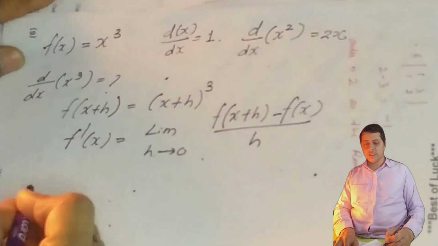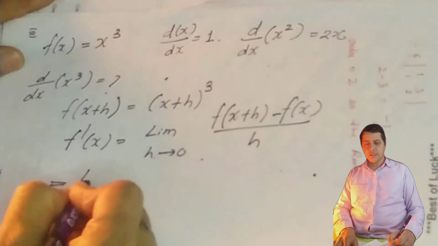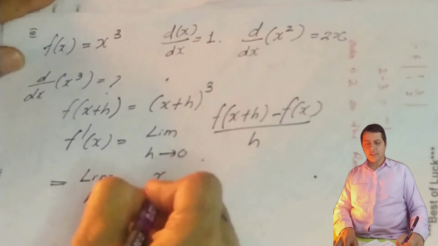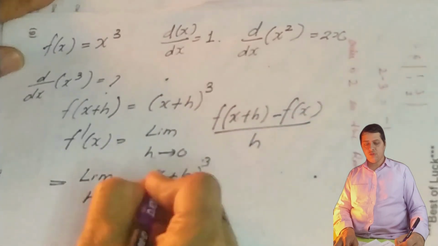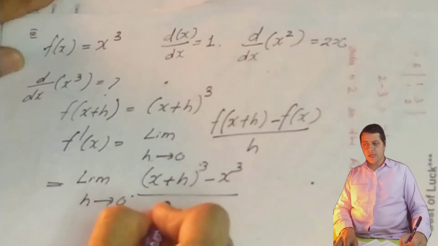Replacing the values, we get limit h tends to 0, (x+h) whole cube minus x cube by h.